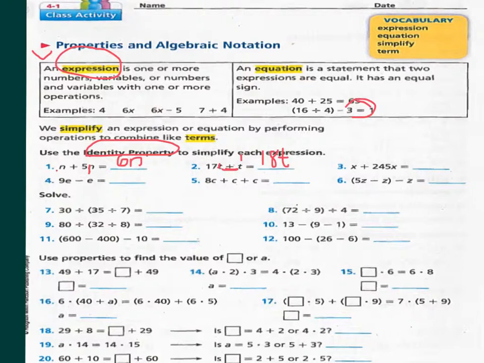Then I have 245x plus x equals what? That's right, 246x. Oh, this is tricky. Well, I see these numbers together. Remember, sometimes mathematicians put things in parentheses. Whenever they're that close together, that means to multiply.